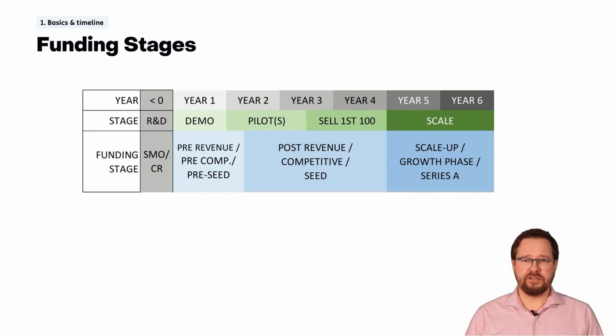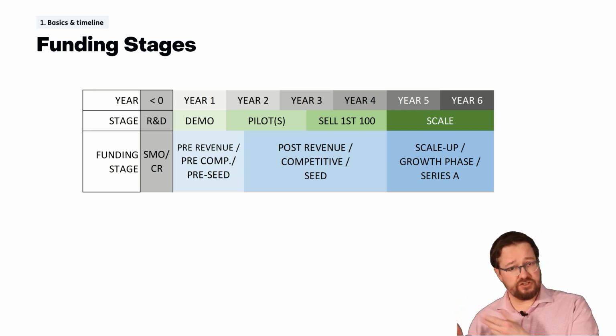And please bear in mind that the terms A, B, C, etc. are used for various stages, and especially deep tech companies may go to Series D before they start selling something. Typically though, Series A is associated with early growth stage.